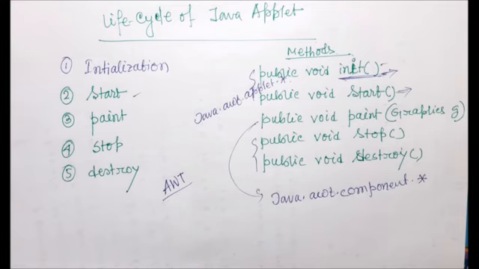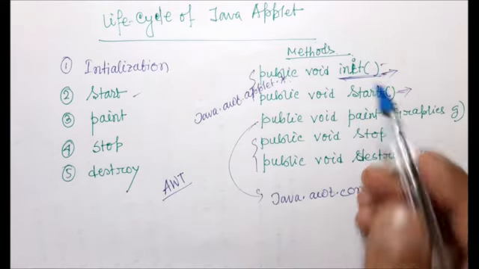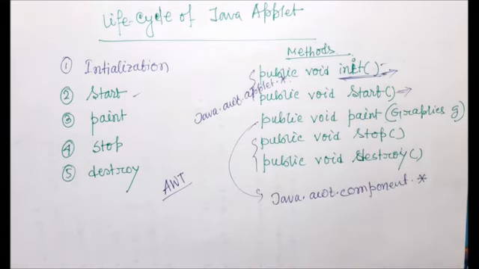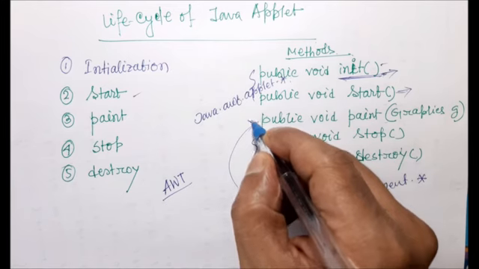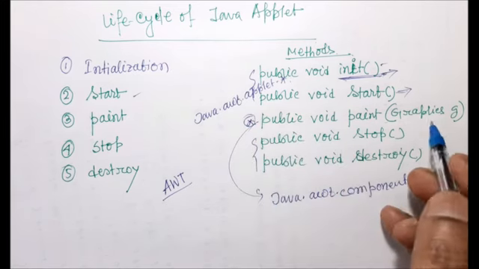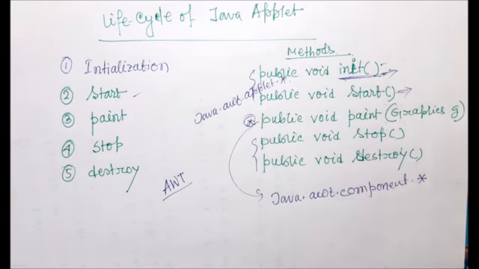This is the only method among all the methods mentioned above which is parameterized. Look at this: we have an init method with no argument, a start method, no argument, stop method, no argument, destroy method, no argument, but this is the only method that has one argument, a parameter of Graphics type.